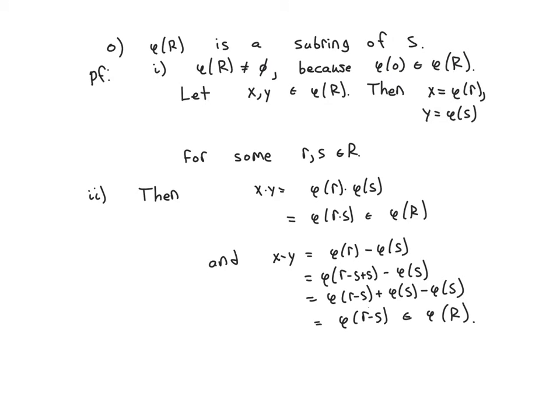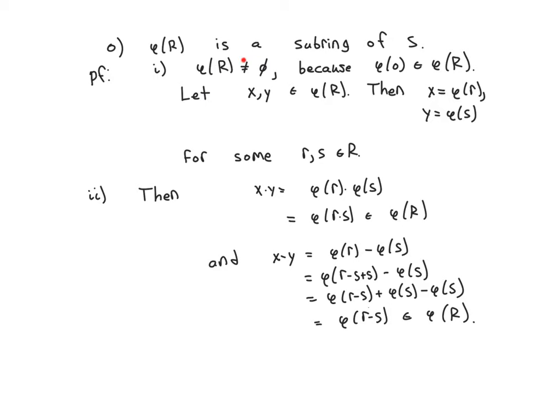So there's something there. All right, now let's take two elements, x and y, in your image. Then x has to be equal to phi of r for some r, and y has to be equal to phi of s for some s in R. This is the definition of image. Now, what do we need to show in order to be a subring?